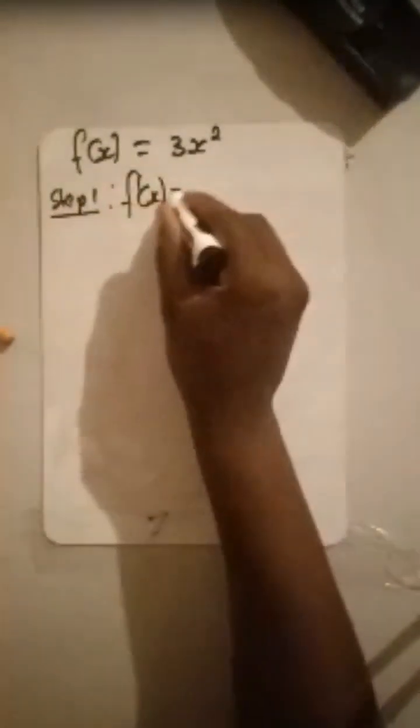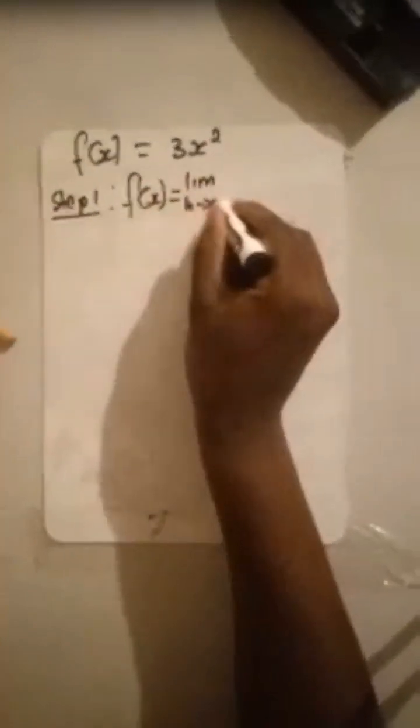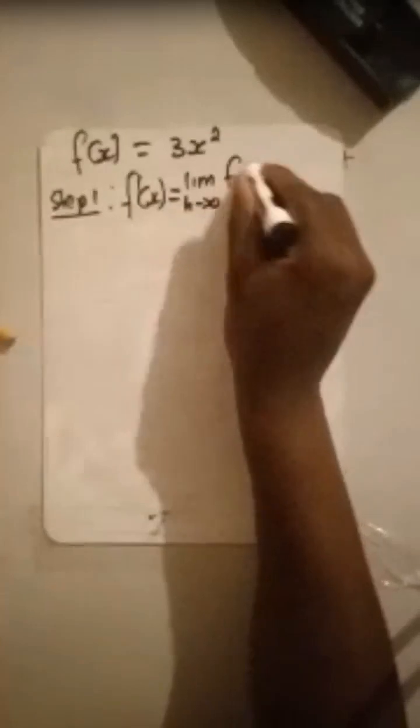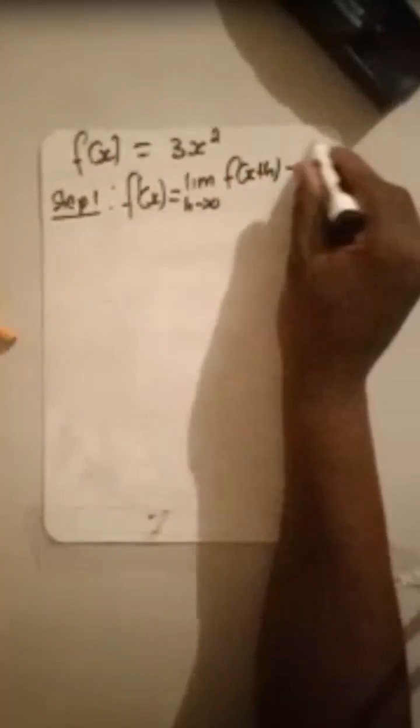Right? So since it's from first principles, step 1, write down the formula. The derivative of f of x is equal to the limit as h tends to 0 of f of x plus h minus f of x over h.